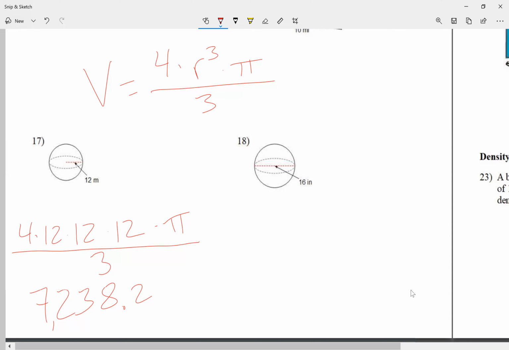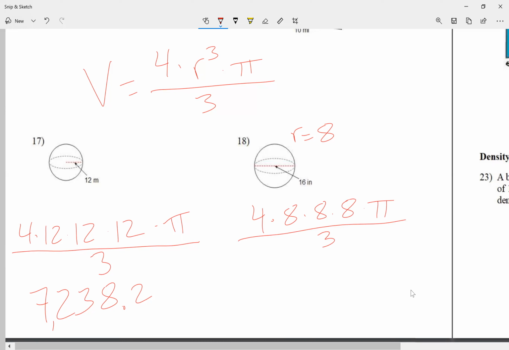All right, let's take a look at number 18. I'm going to go 4 times... okay, I need to know the radius. The diameter is 16, so the radius in this case is 8, which is half of the diameter. So my formula: 4 times 8 times 8 times 8 times pi, all of this divided by 3.